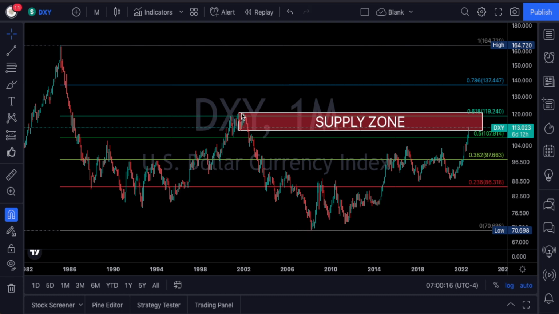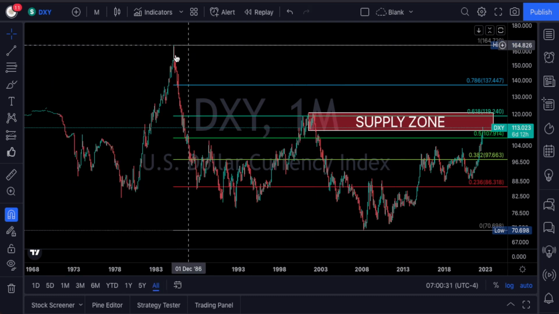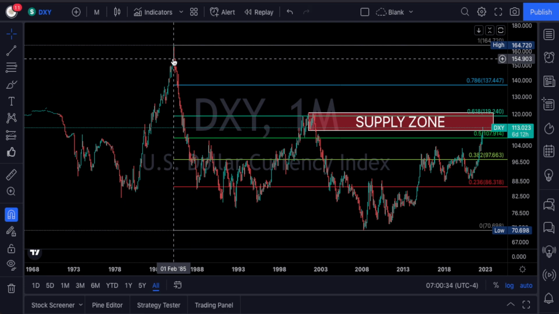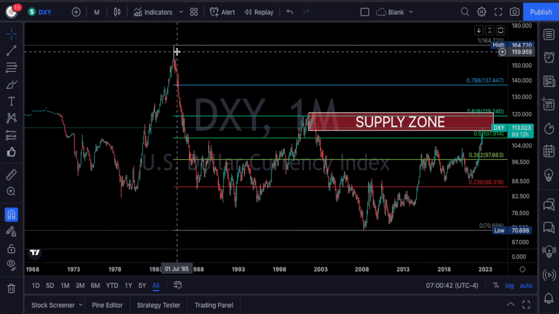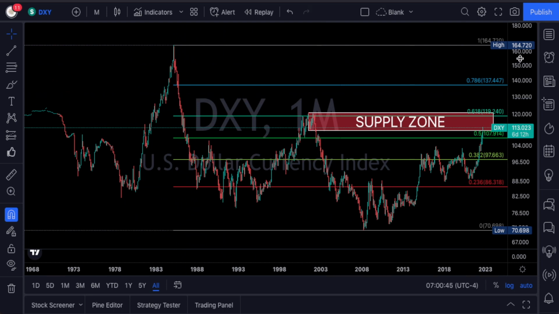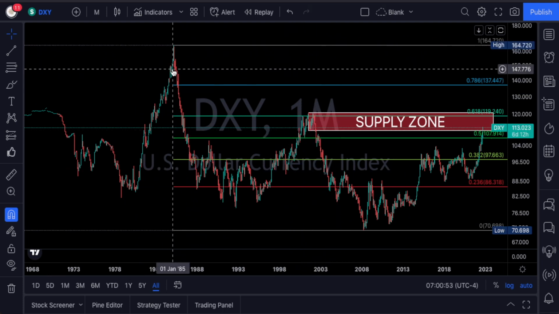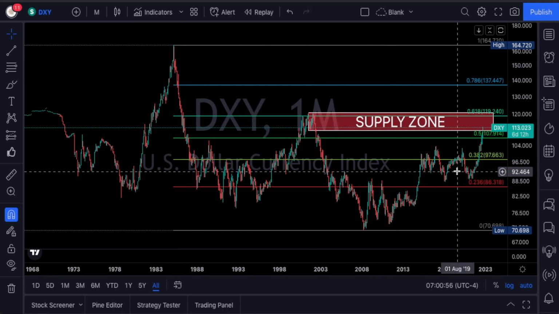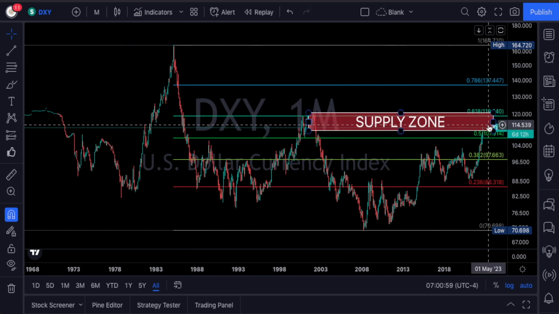I have been looking at different dollar index futures, and I came across one that has a high somewhere around January, February of 1985, and it went as high as $164.72.